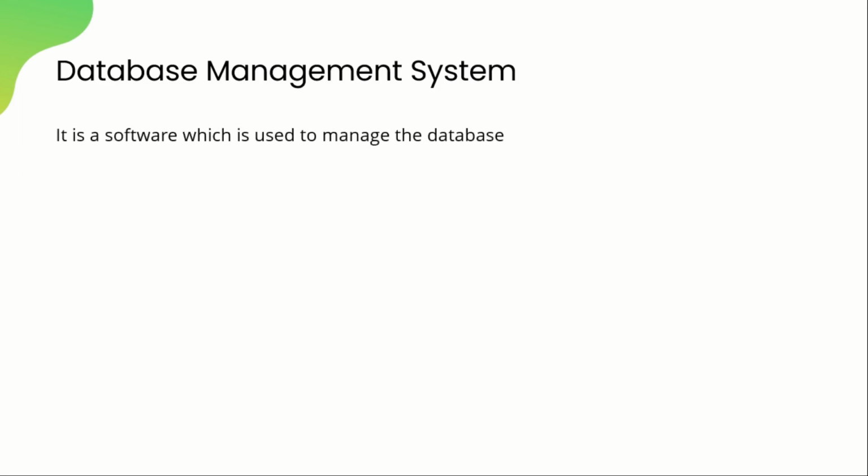Database management system. We have lots of confusion between database and database management system, but I'll clear it right away that these two are two different things. A database is just a collection of data, and a database management system is the software that helps to manage the database.